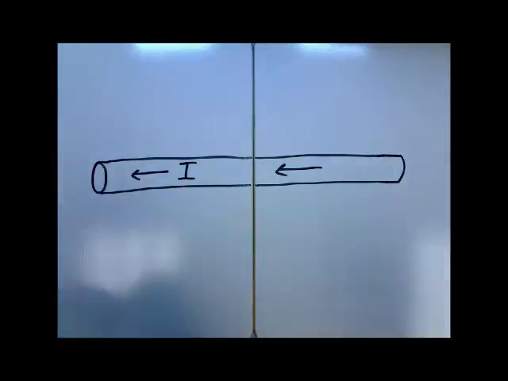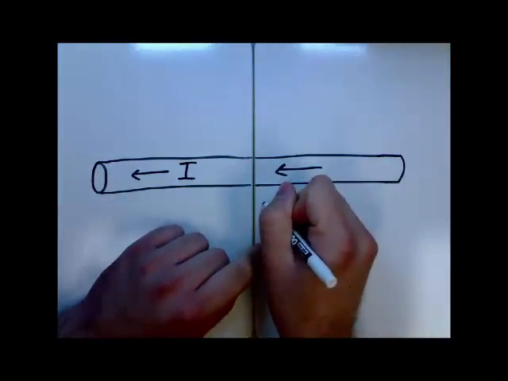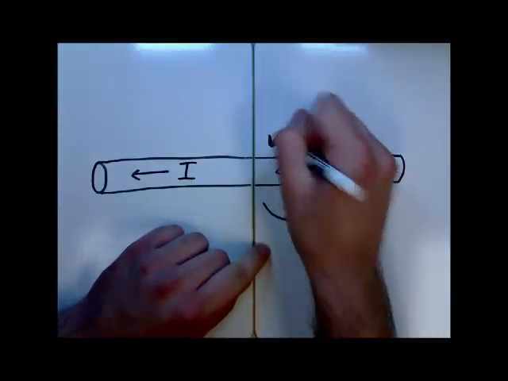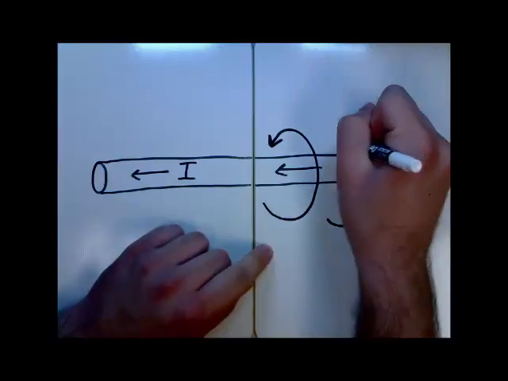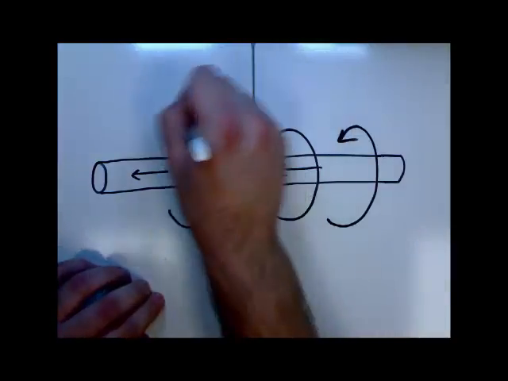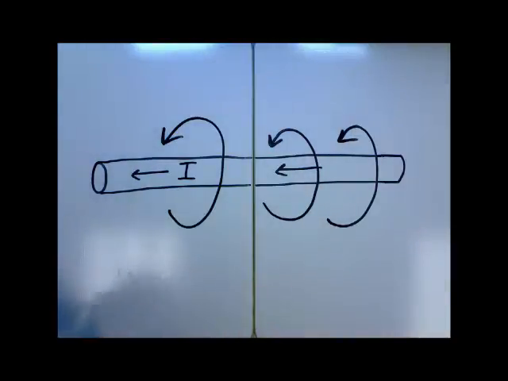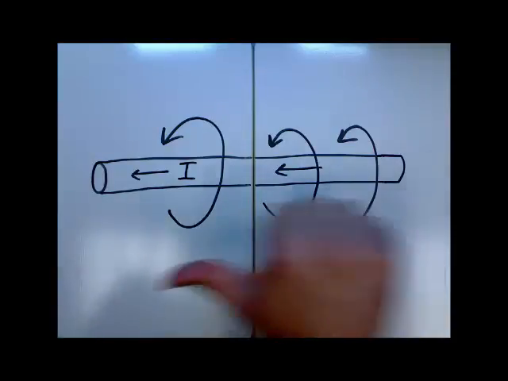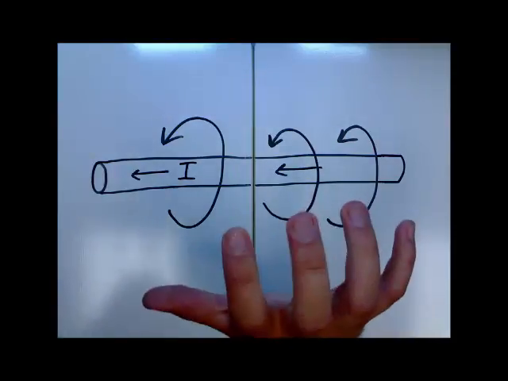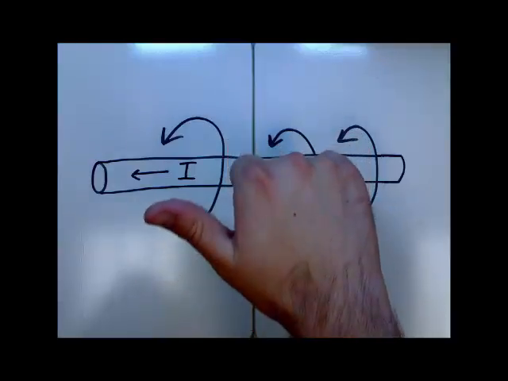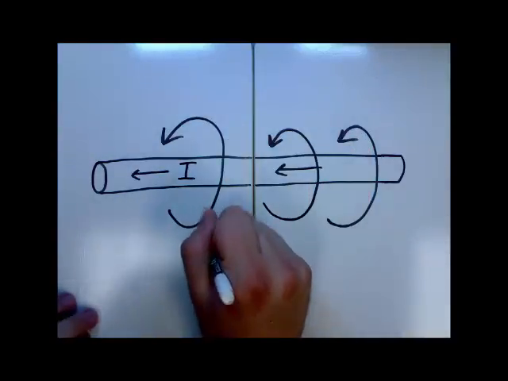So, the magnetic field will travel around the wire in a loop, like so, where, with my thumb pointing in the direction of the current, my fingers curl around in the direction of the magnetic field.